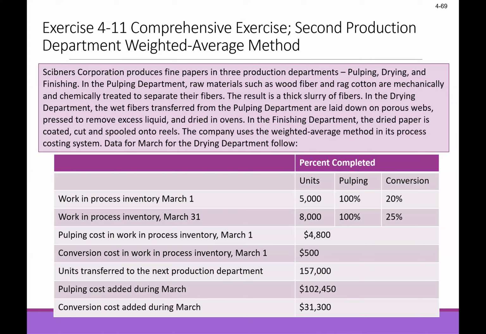Then we're given the pulping cost in work in process at the beginning, along with the conversion, the units transferred to the next department, the pulping cost added during March, and the conversion cost added during March.